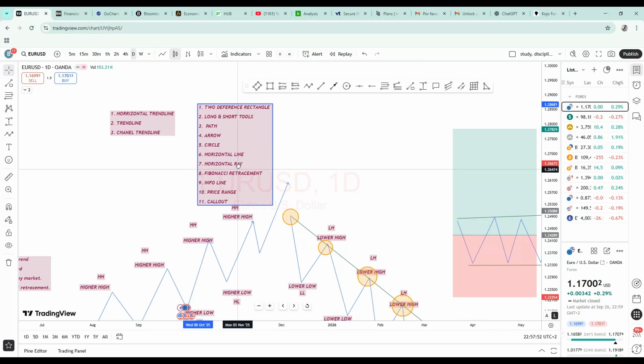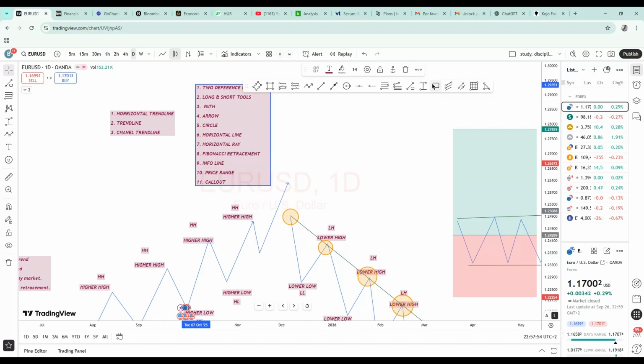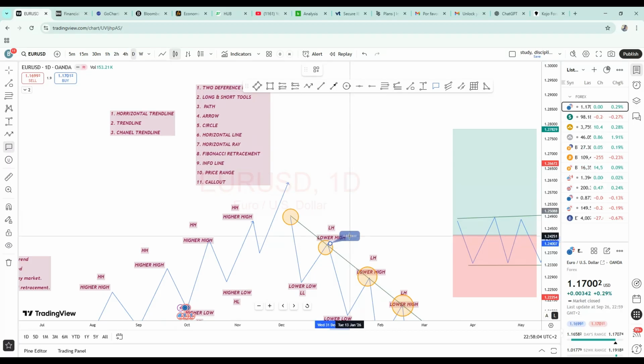What is call out? Call out simply means maybe I'm willing to take a buy or take a sell from one level. That means I want to put a note at that level so that anytime I open my chart, it will remind me that I was willing to take a buy or a sell from this level. So we use it to identify a zone. It might not be to buy or sell, it might be for other information or purpose.